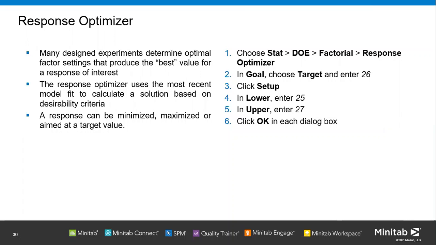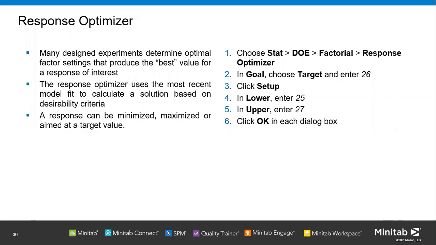In a design of experiment, we determine the optimal factor setting that produces the best value for a response of interest. For this case, of course, we want to know about the moisture. The response optimizer uses the most recent model fit to calculate a solution based on the desirability criteria.